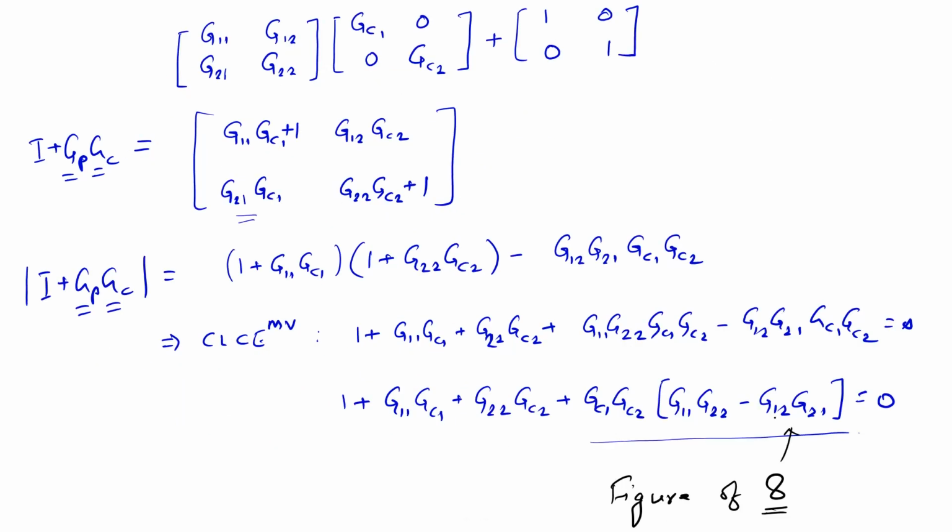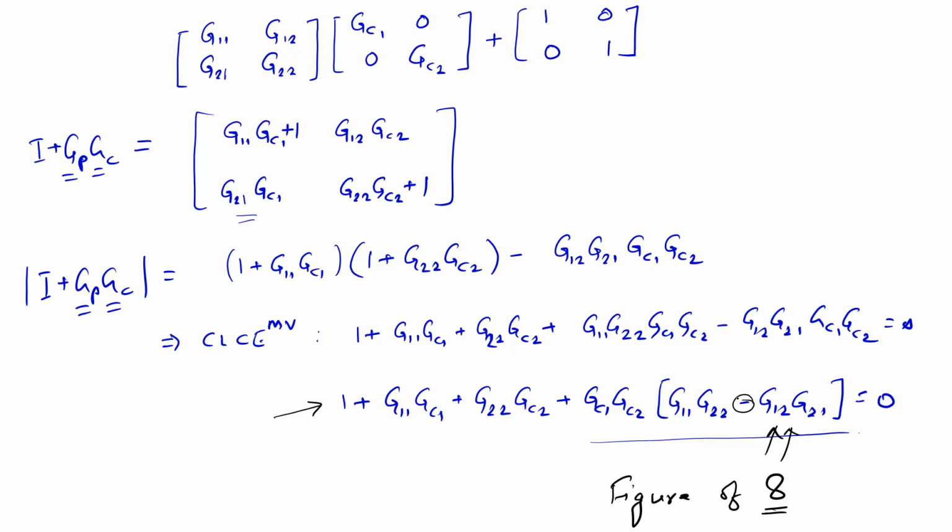Because, if you remember the Routh array, this characteristic equation is a polynomial in S, and because of this negative term, if G12 G21 is larger than G11 G22, you can end up with some negative coefficients and other coefficients being positive. That means the characteristic equation is unstable, with some roots in the right half plane. So we would like a diagonally dominant system.